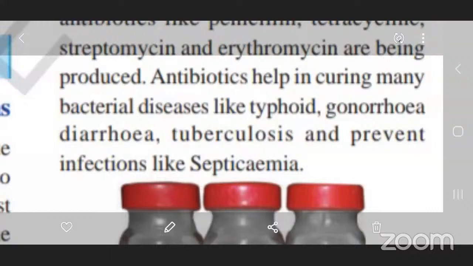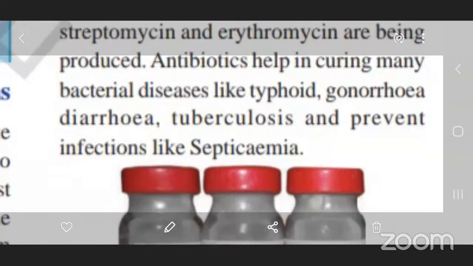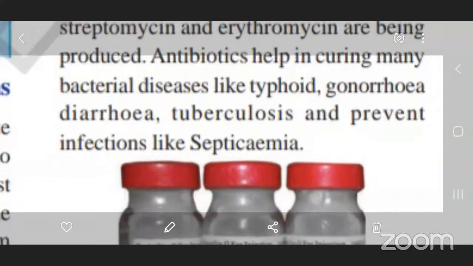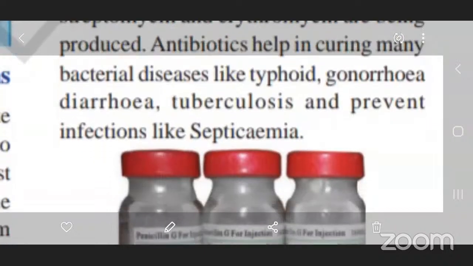Antibiotics help in curing many bacterial diseases like typhoid. Typhoid is one of the bacterial diseases, as I told you in Microorganisms part 1, the world of microorganisms.